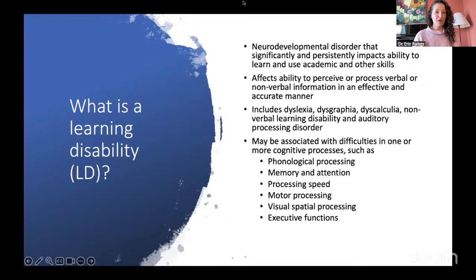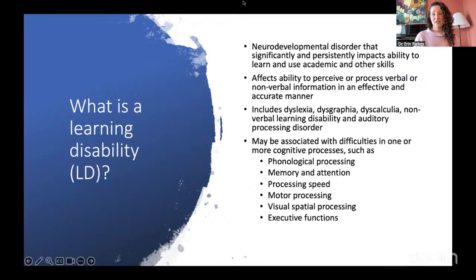There's a lot more awareness of autism and ADHD, and so those things are getting flagged a lot more now than learning disabilities. And despite that, the impact of learning disabilities can be very widespread.